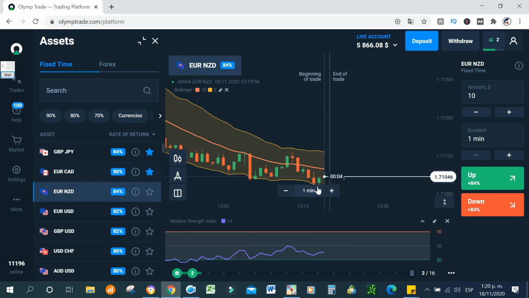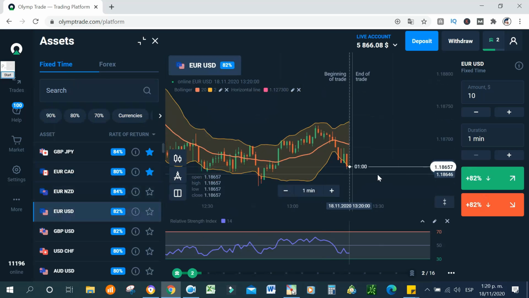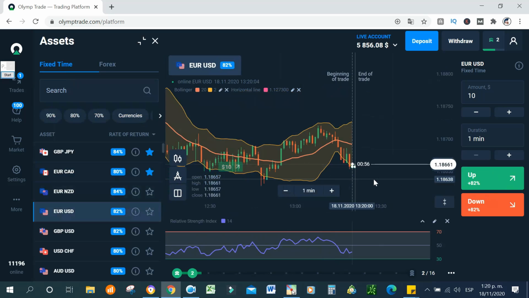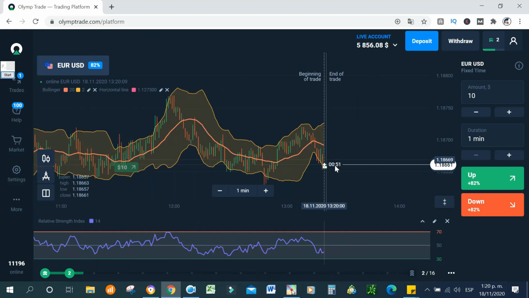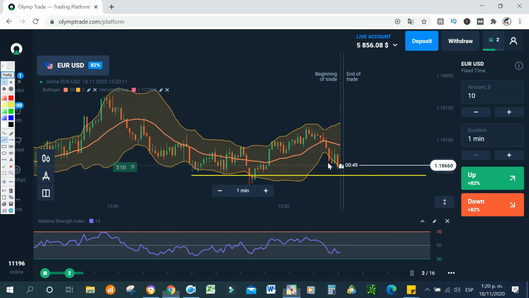We had an opportunity here. Let me check. I think this is another opportunity too. This is a range market, as you can see, and we have the price coming down to a support level.